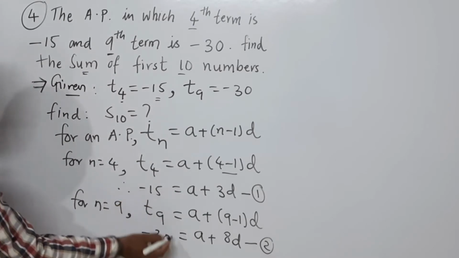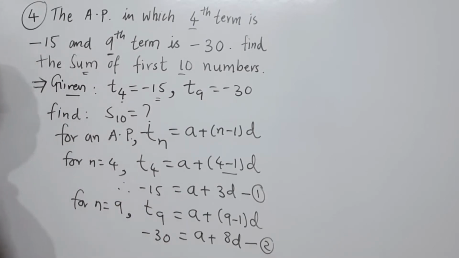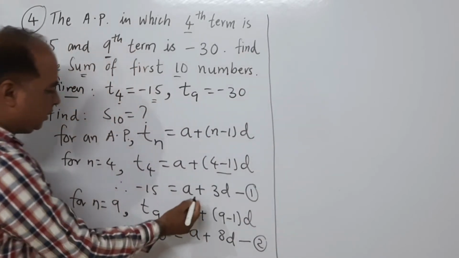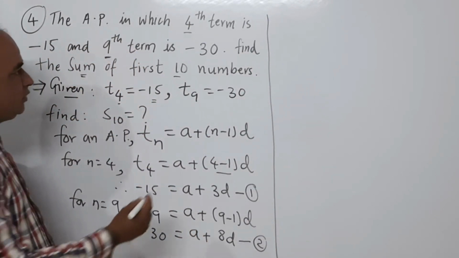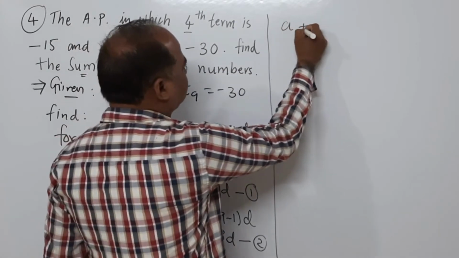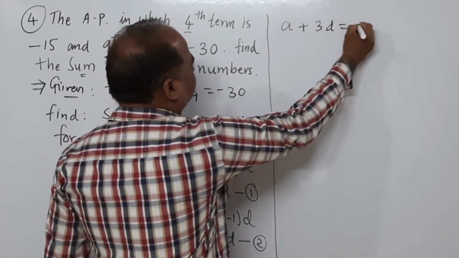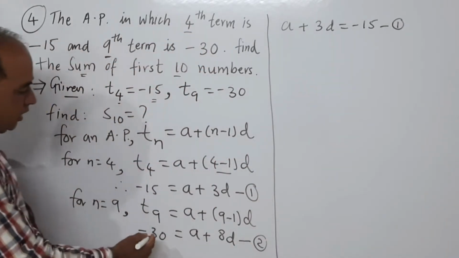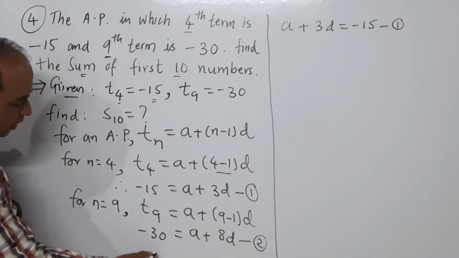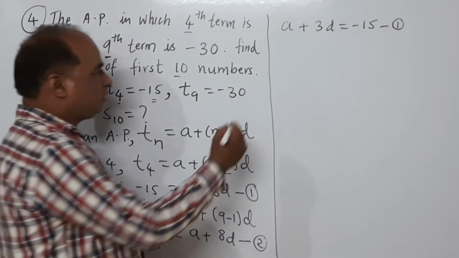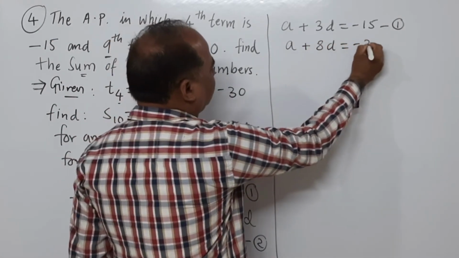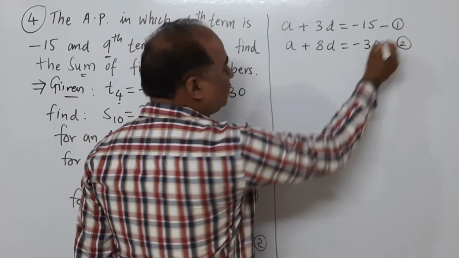Now we will take equations 1 and 2 together. The first equation, A plus 3D is equal to minus 15, equation number 1, and A plus 8D is equal to minus 30, equation number 2.